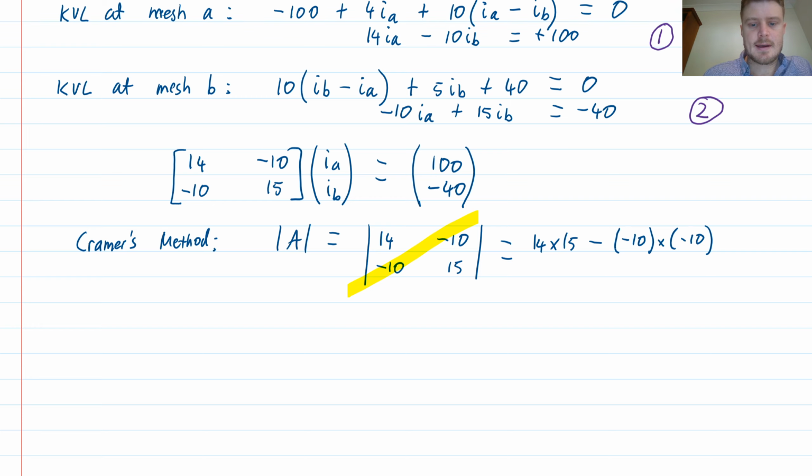I'll get out my calculator and evaluate that. So the determinant of my A matrix is 14 times 15 minus 100, which is 110.